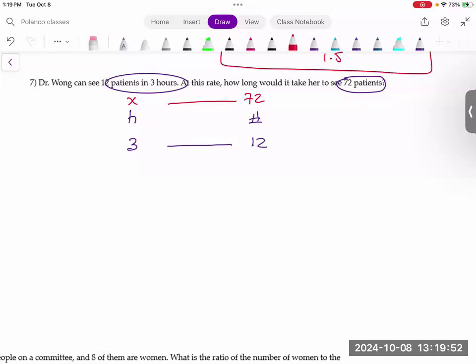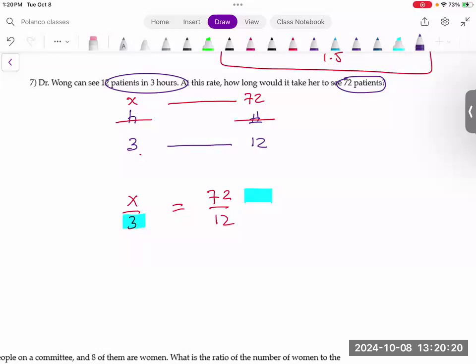And it's gonna be linked to the X, correct? So what I do after that, I just do divisions, basically. X divided by 3 equals 72 divided by 12. All right? And honestly, what I do as well is, do you see the 3 on the bottom? If I move it to the other side, where is it gonna go? It's gonna go on the top. Division becomes multiplication, correct?